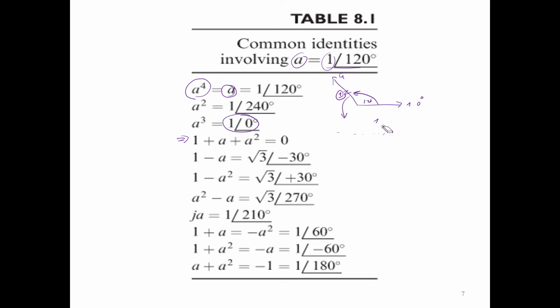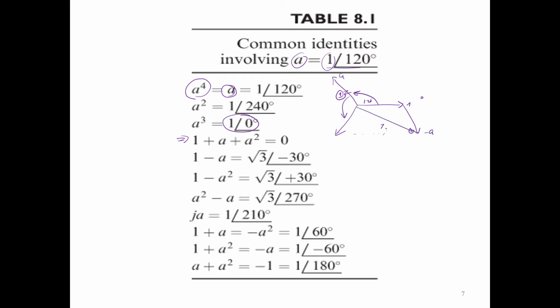Now, I think this is not the big issue. You can analyze this yourself by using simple mathematics. 1 minus A: minus A is this way, so 1 minus A is right here.